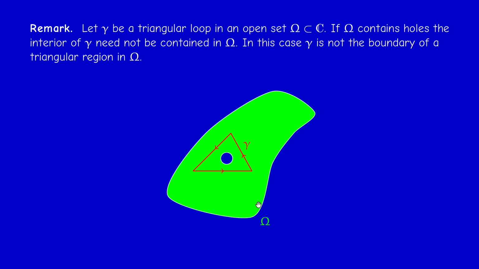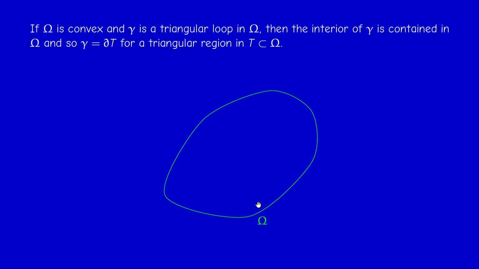But note that if omega is convex, and if I have a triangular loop gamma, then the triangular region bounded by this loop is totally contained in the domain. Why? Because, take a vertex of the triangular loop and join it to a point on the opposite side.